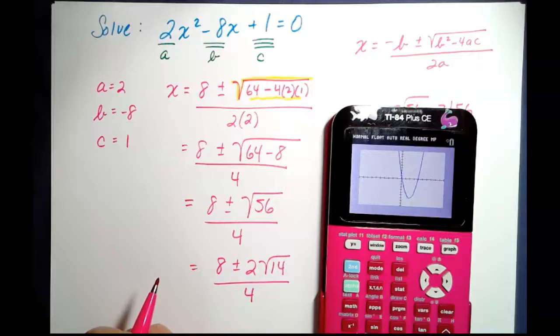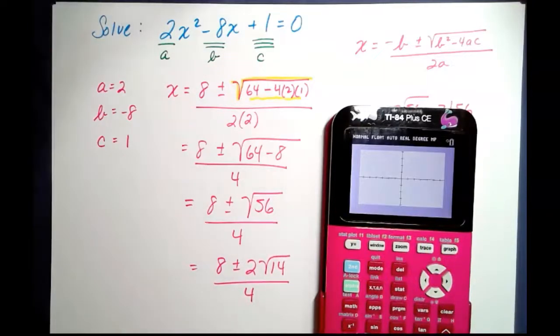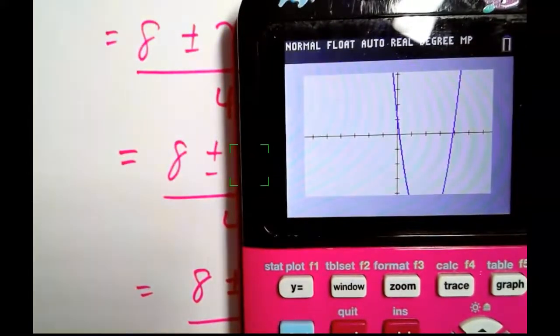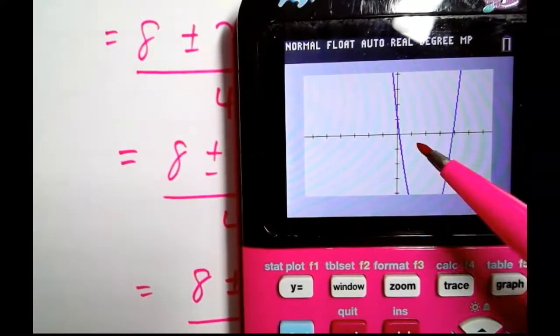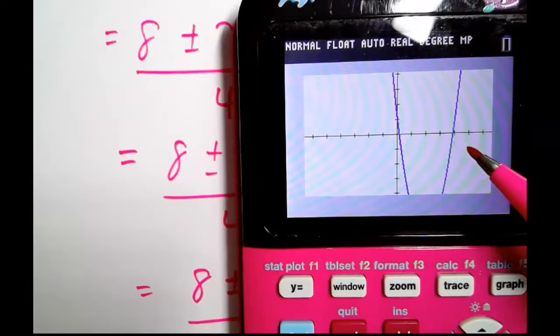So there's the graph. I will zoom in on the graph. What we can see here is that the x-intercept is not at a whole number, not on the left nor on the right.